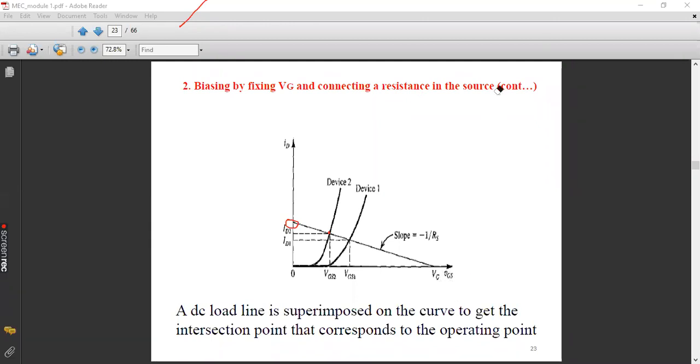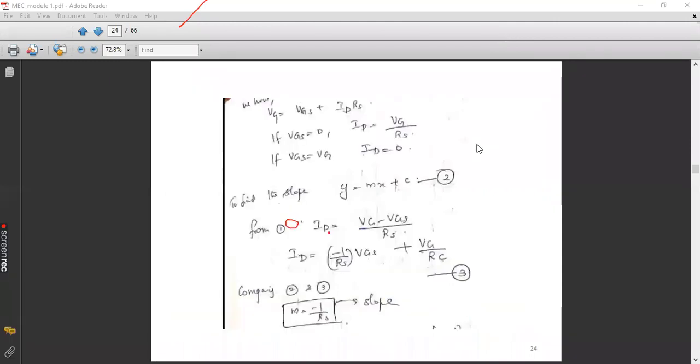So again, take our equation. We have found an equation by applying KVL, right? That equation you have to take and set VGS as 0. I hope you are writing. So substitute VGS as 0.